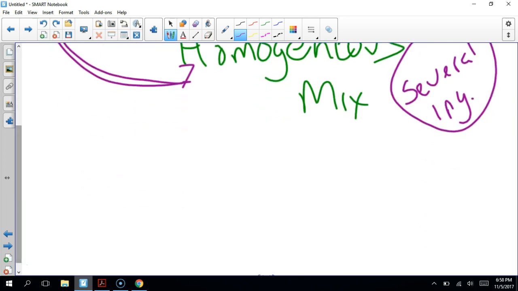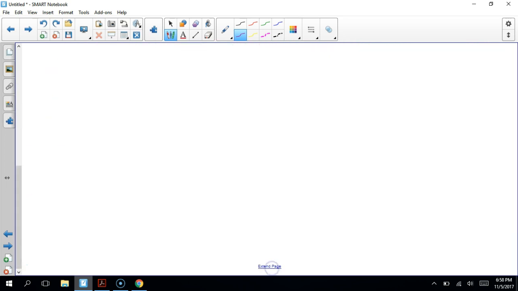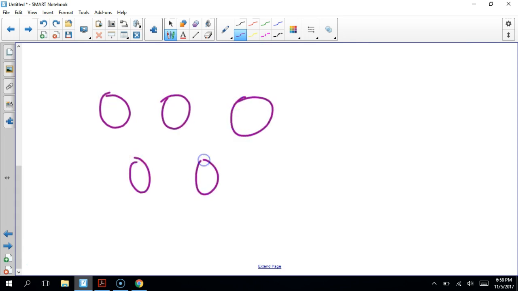So a compound, if I'm going to write this graphically, okay, compound is all one thing. Okay, they're all one molecules. Now these molecules may have different atoms in them, like water, H2O, H2O, H2O, H2O, whatever. Okay, but it's all one thing.